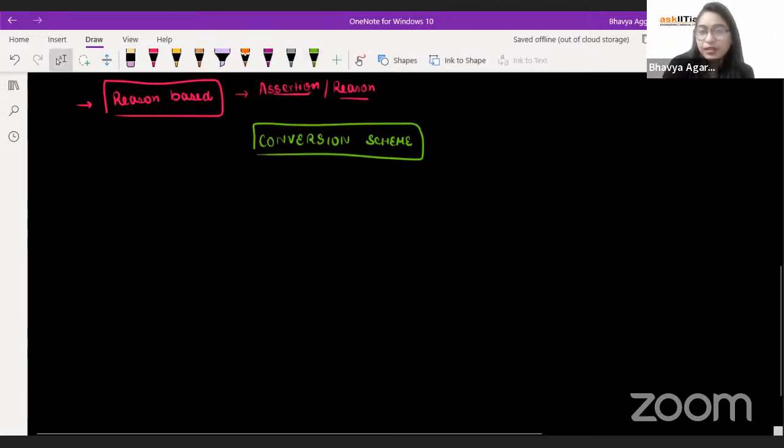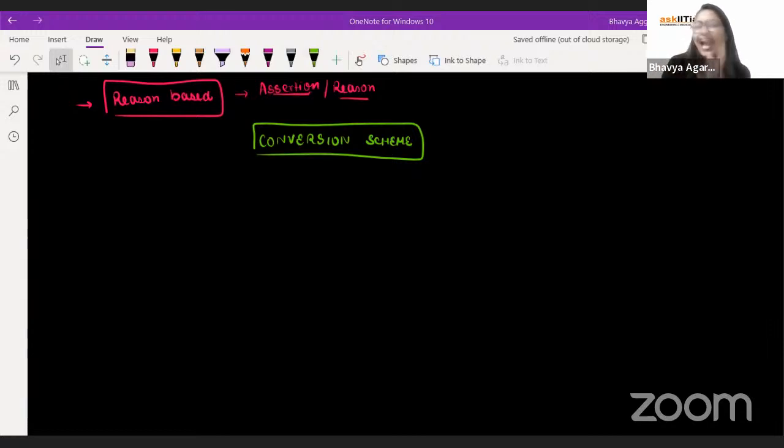For instance, if you talk about any alkyl halide, from your NCERT point of view, they have given a few major pieces of information: haloalkanes and haloarenes are formed by the substitution of one hydrogen with a halogen.